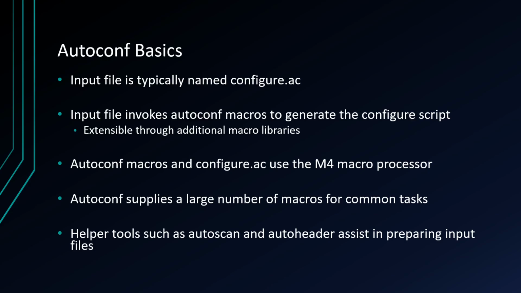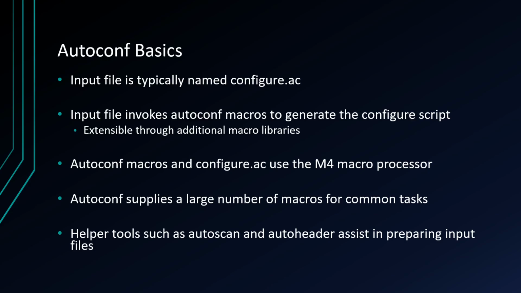And you can intermix raw shell code with these macro calls. And anything that's not a macro call in the configure.ac file just gets copied over to the output. So you can mix and match custom shell script code in the configure.ac with calls to Autoconf macros that begin with AC underscore.